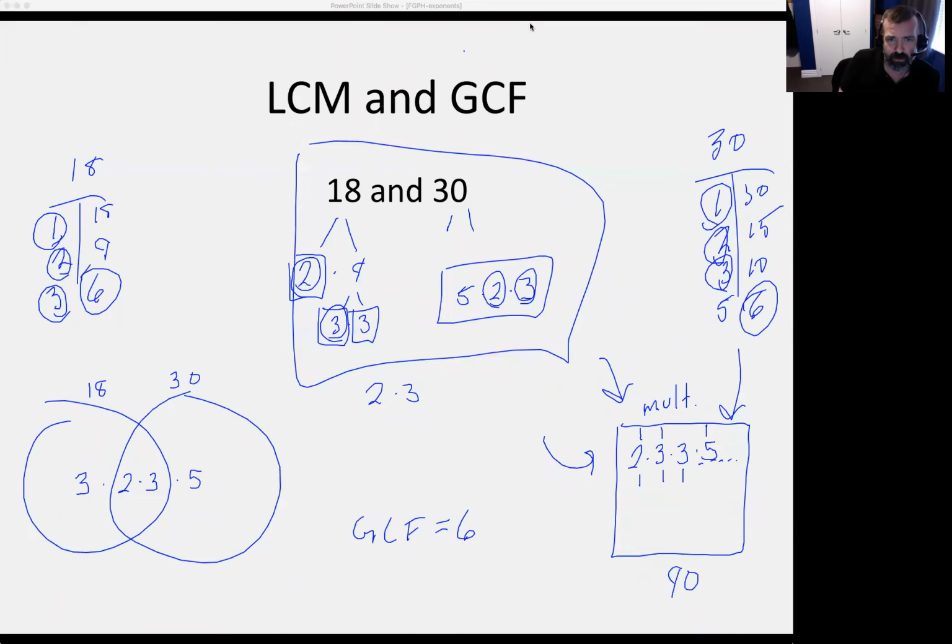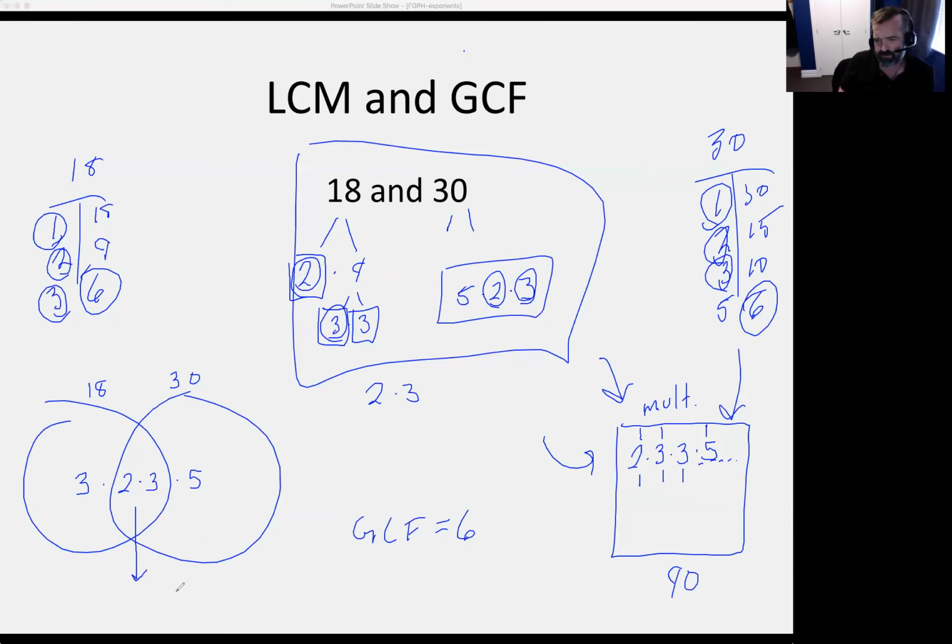All right, so if I look across here, hopefully I can do this without advancing the slide. In this group, 2, 3, 2, 3, I've got enough to make my 18. On the right-hand side, 2, 3, 5, I've got enough to make my 30. So what have I created for myself? Well, I made a nice little Venn diagram. And 2 times 3 is the what?